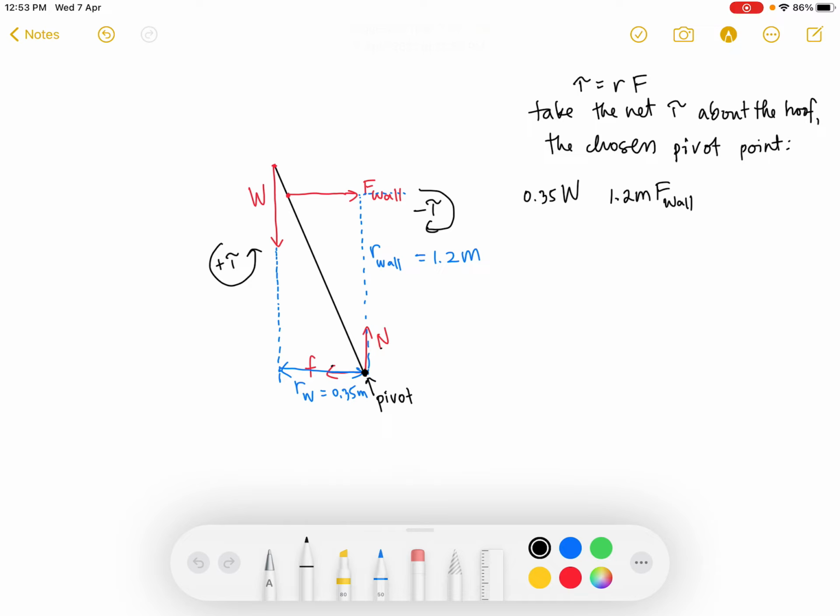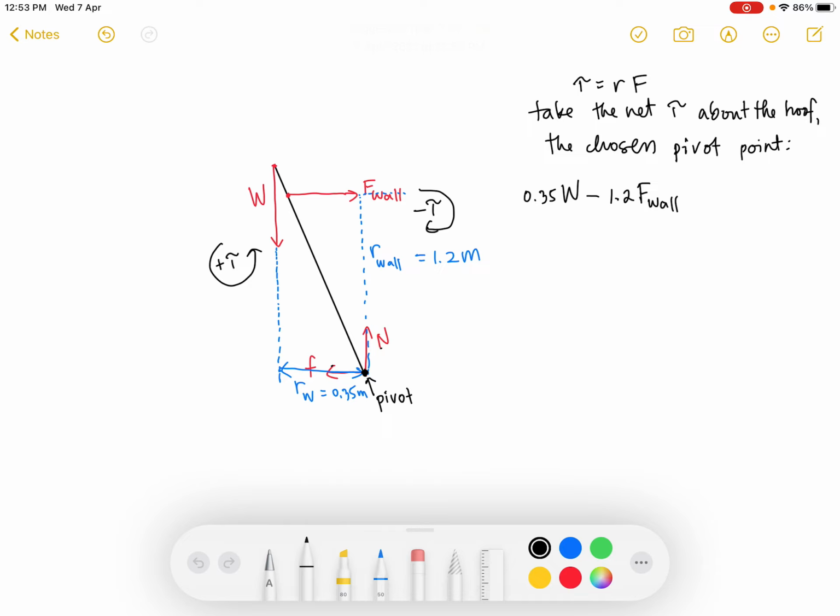Clockwise will have a negative torque, so that will be a negative 1.2 multiplied with the F wall. I'll just remove the unit meters to minimize the clutter. So the torque due to the force from the wall is negative 1.2 times F wall.